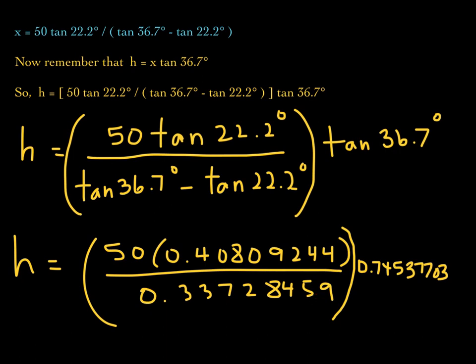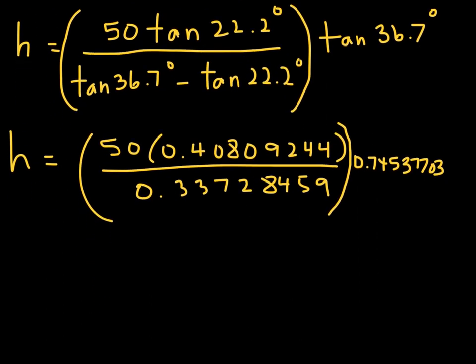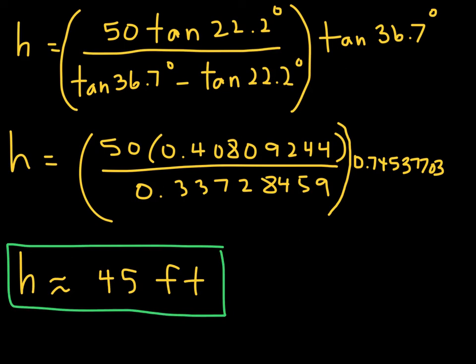I punched in tangent of 36.7 degrees, got this number here. It's probably helpful to just make sure that you are getting what I'm getting each step of the way. When I punch all of this in, remember they asked for the nearest foot. So I want to say approximately equal to 45 feet. Don't forget the unit, all right? So the height of the tree is about 45 feet. They told me to round to the nearest foot.